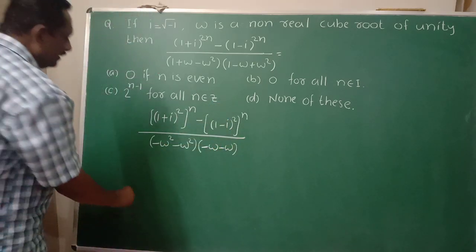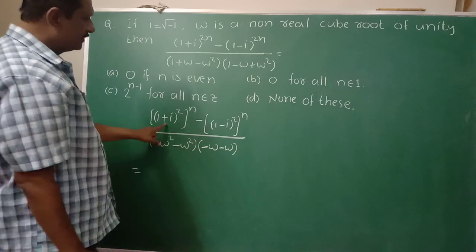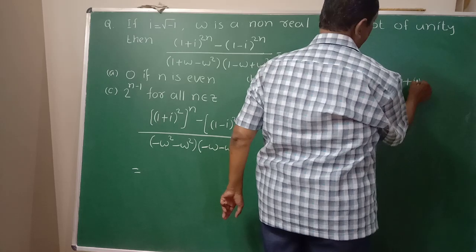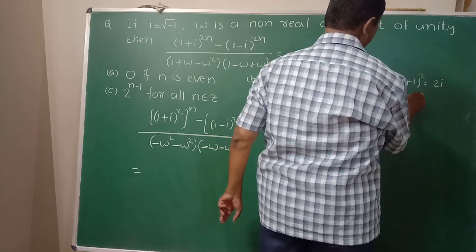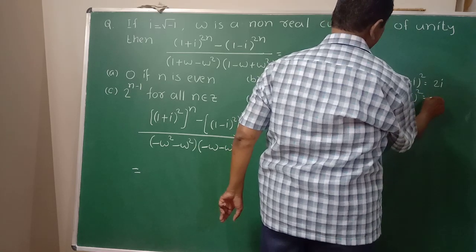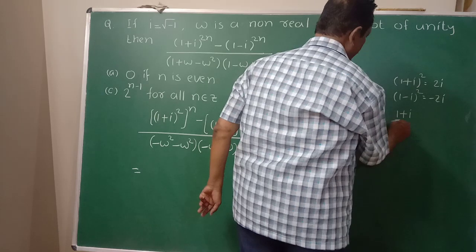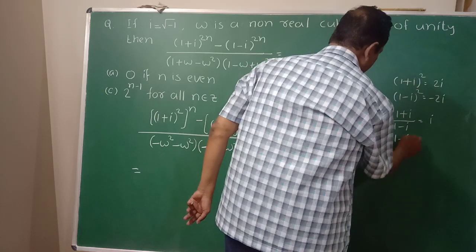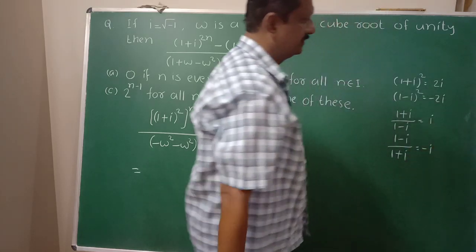Then this is equal to, and you know that (1 plus i) whole square, this is a standard result here. (1 plus i) whole square is 2i, and (1 minus i) whole square is minus 2i. Then (1 plus i) divided by (1 minus i) is i, and (1 minus i) divided by (1 plus i) is minus i. This is a standard result.